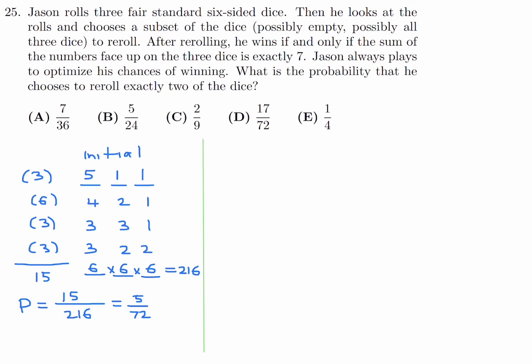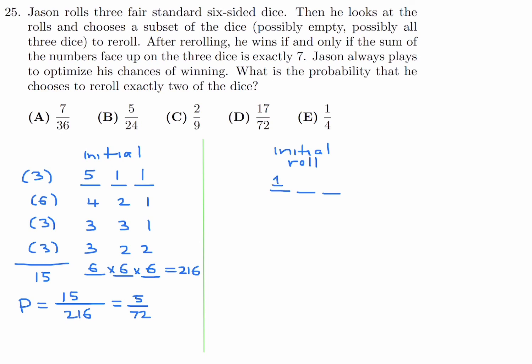All right, so now the question is asking us something very specific. It's saying, what is the probability that he chooses to re-roll exactly 2 of the dice? So I'll give you a scenario. Let's say we have an initial roll, and we rolled 3 numbers. And one of them, we'll just start with the number 1.